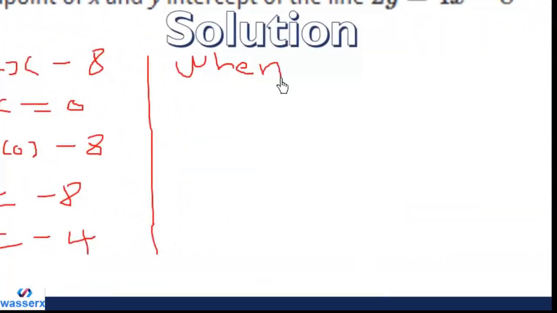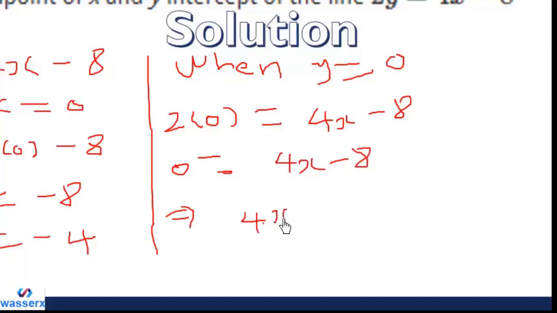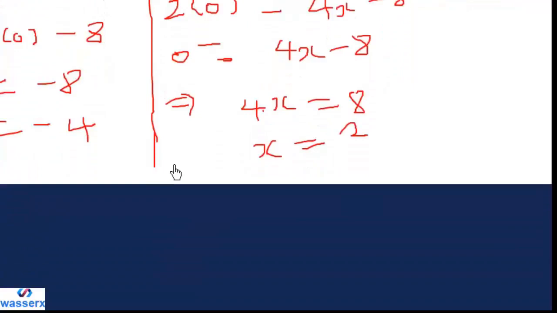Then also for the x-intercept, y is equal to 0. So we substitute 0 into the equation to obtain 2 times 0 is equal to 4x minus 8. So we have 0 equals 4x minus 8, and this implies that 4x is equal to 8. We simplify this to obtain x equal to 2.